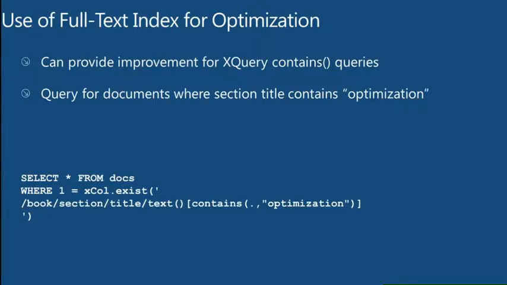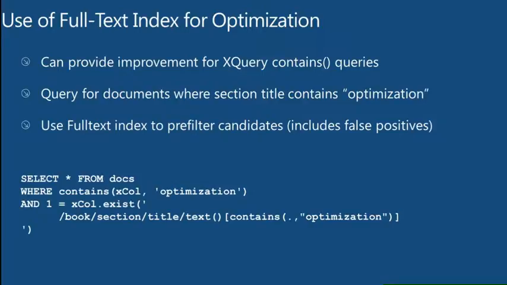But if your substring happens to be a word, then you can actually improve the performance of this expression by adding a full text index, do a contains on that word, which gives you a pre-step filter, which basically reduces the candidate documents to a much smaller candidate set on which you then do your XQuery exist expression. So let me show you that quickly.